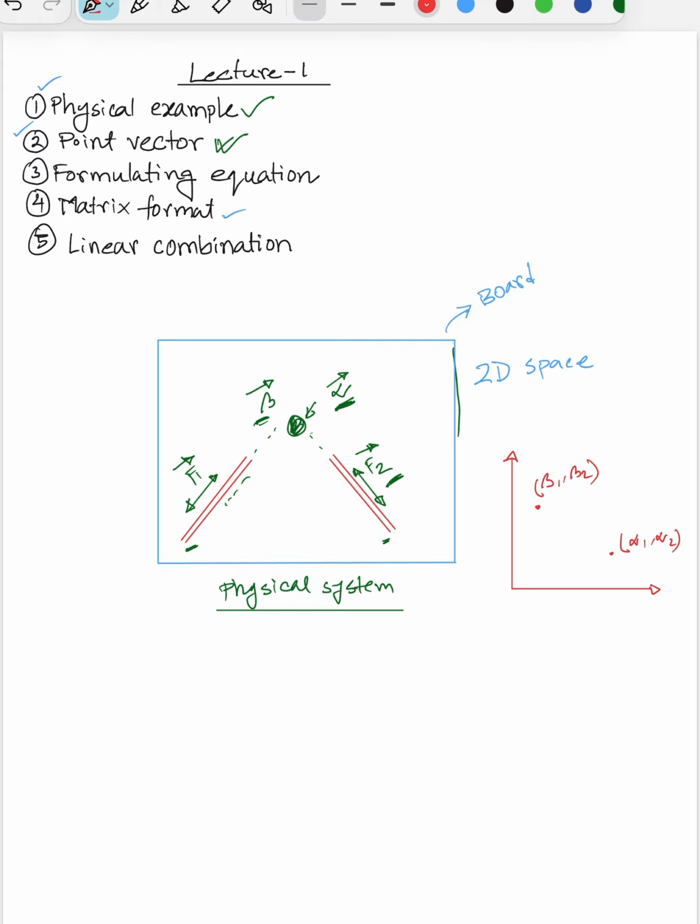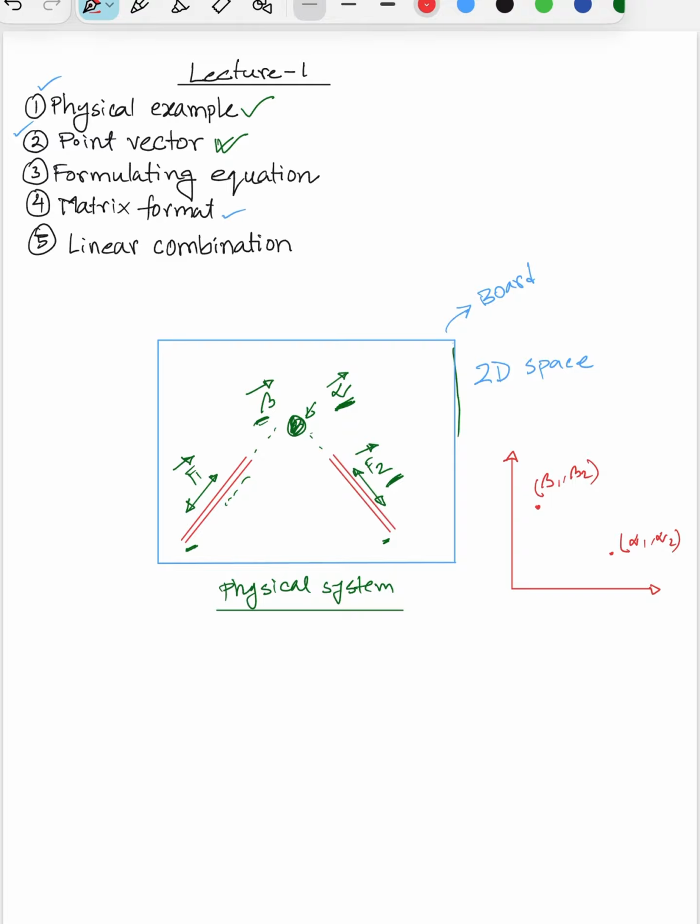It means that when we apply F1 on this ball, this will move. We consider everything else is stationary, and only F1 is working on this. And this ball will have a final position. So this final position is provided by alpha 1, alpha 2.